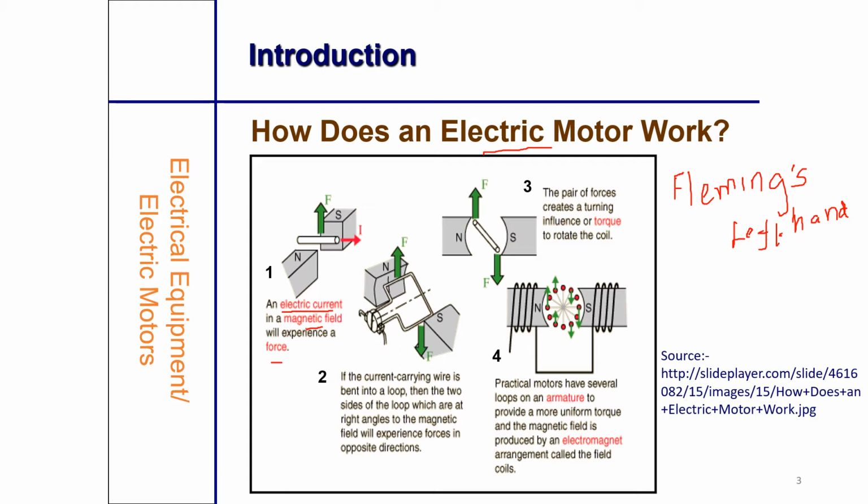Okay, so for example, this is the first picture. Second picture, it shows here in the middle we have the rotating part, and N and S are the north pole and south pole of the magnet. What will happen from north pole to south pole? The magnetic flux travels.